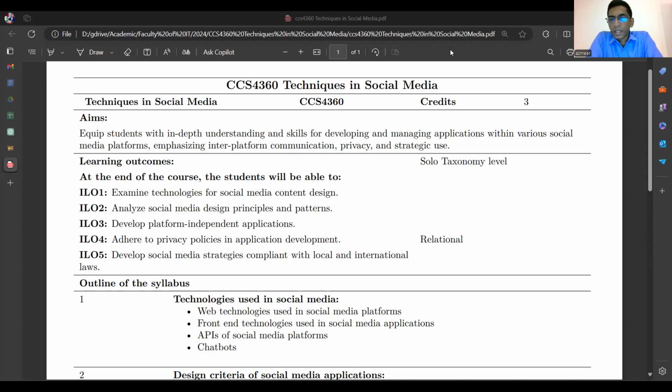Anyone used Django here, Python? No? One. So you have not built a web-based application using Python, is it? What about Java? Anyone built any web-based application using Java?